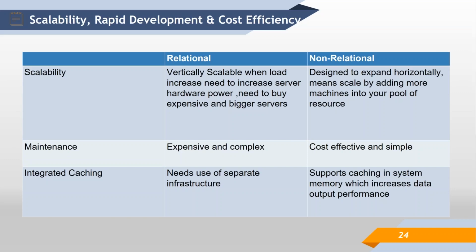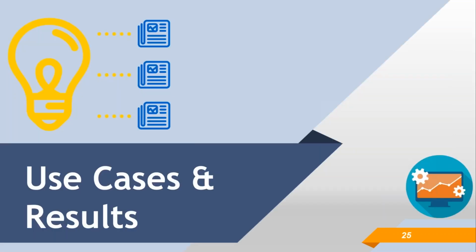You can store it, cache it, and then make use of it in the application. For example, Redis is a very good caching mechanism, if you already know it. But the major point is that non-relational databases have this caching mechanism built in internally, and that makes it efficient.